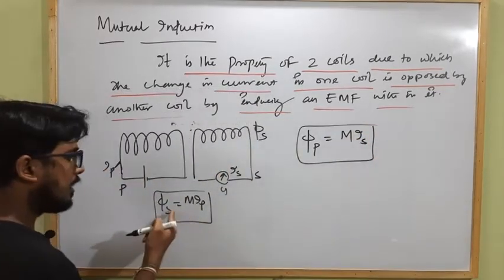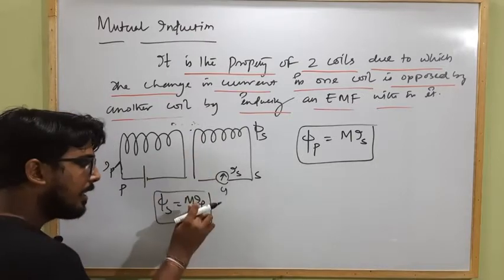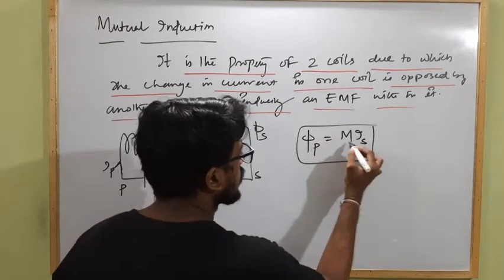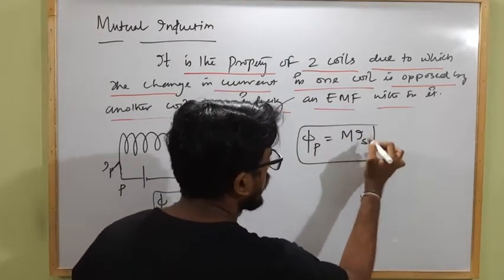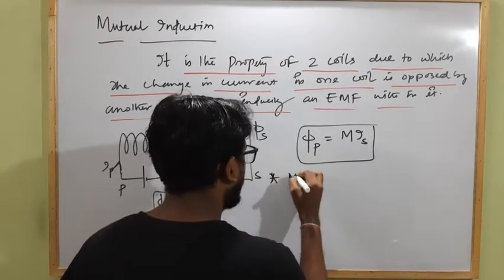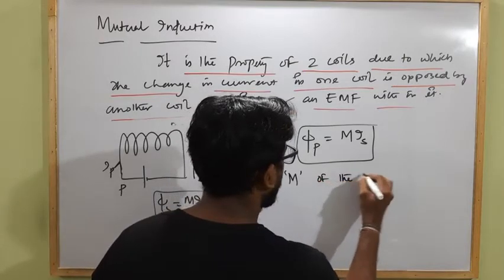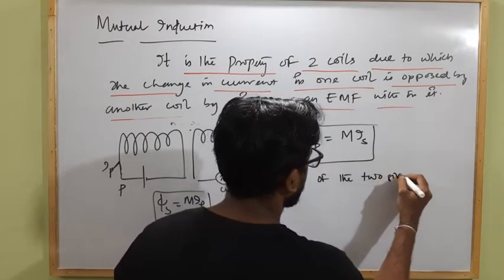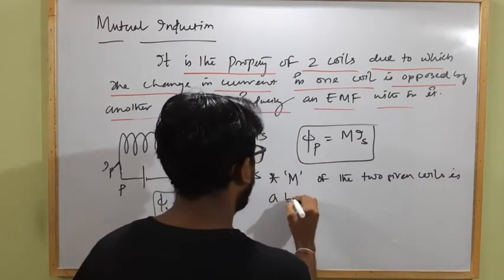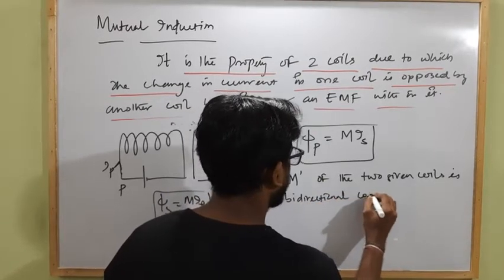Clear? We can write the flux linked to the secondary coil equal to the mutual inductance of these two coils into the current in the primary coil, or the flux linked with the primary coil can also be written as the mutual inductance of the two coils into the current in the secondary coil. So you have to remember that M, the mutual inductance of the two given coils, is a bidirectional coefficient.